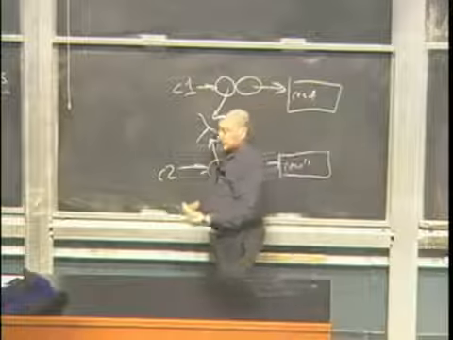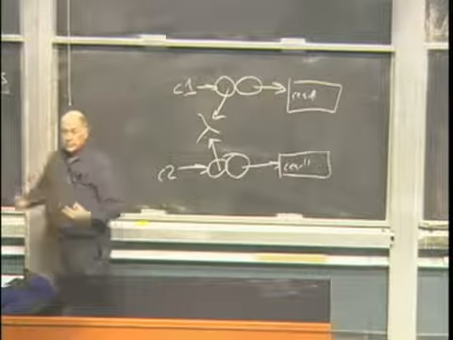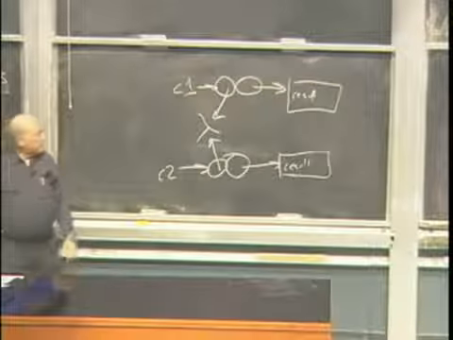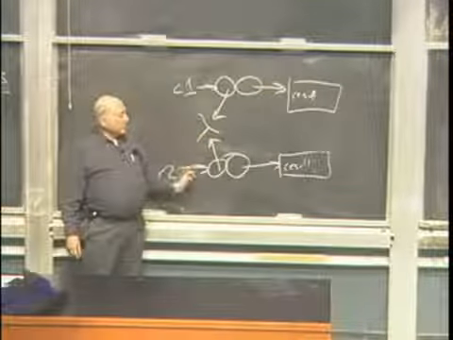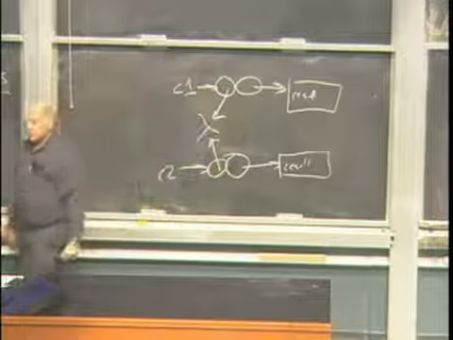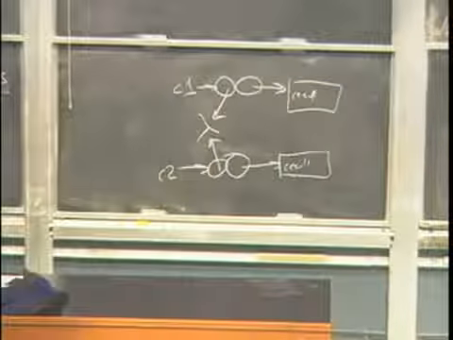Two different environments, each of which has its own result variable. Okay? So, same procedure text, but different procedures with different persistent local state variables.